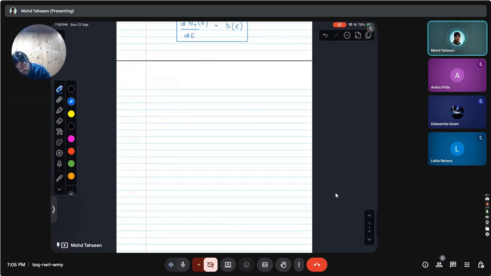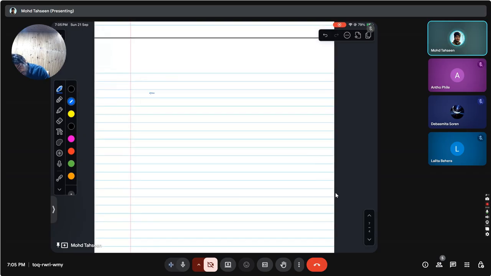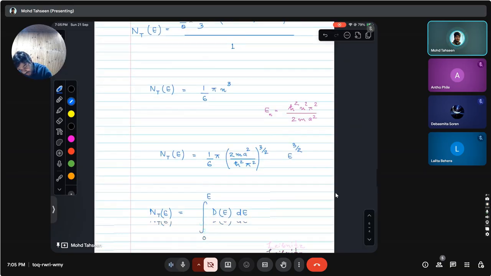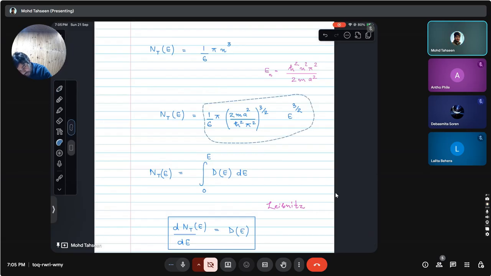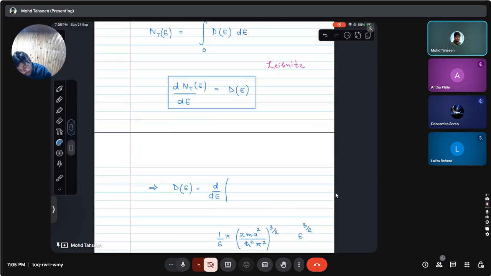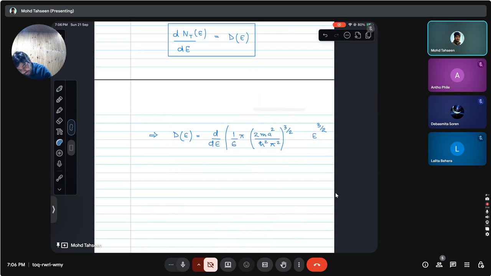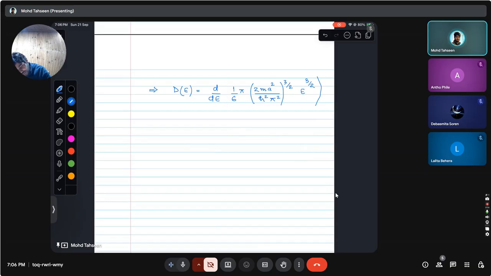Okay, and again I'm going to write the expression finally. So this d of E will have the expression d by dE of, let's just copy this whole thing. Now you know that only one quantity depends on energy, the rest of it is constant.